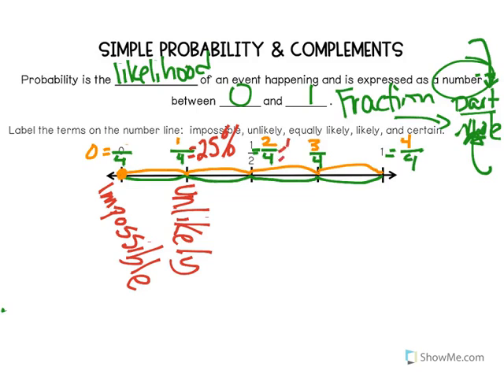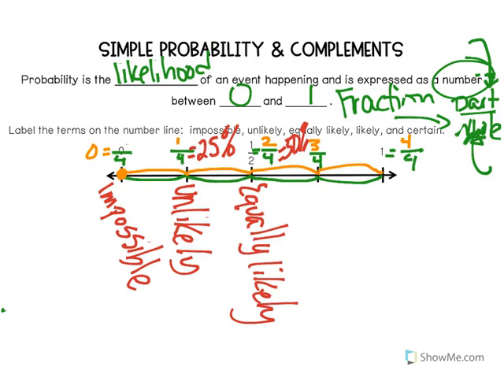1/2 is the same as 50%. That would be equally likely because it's equally on both sides. Equally likely. The next is 75%, and that would be likely.